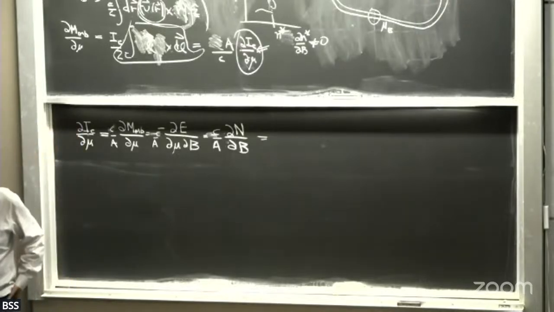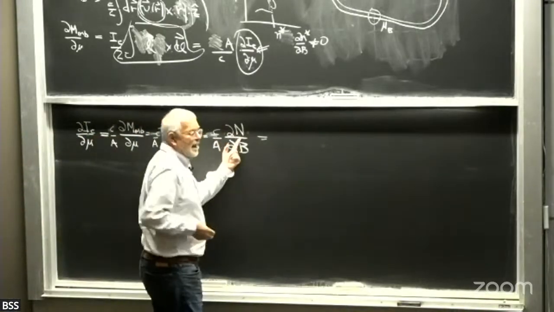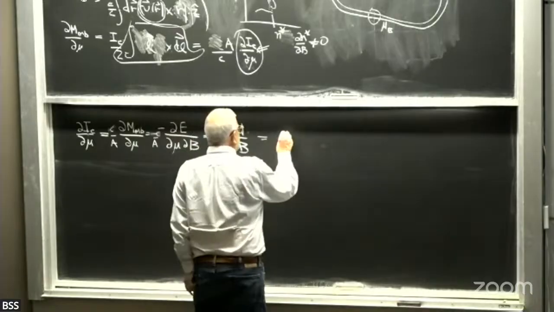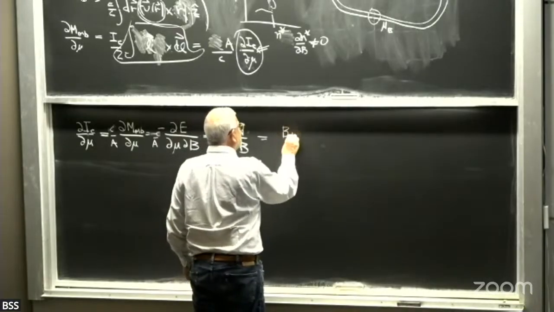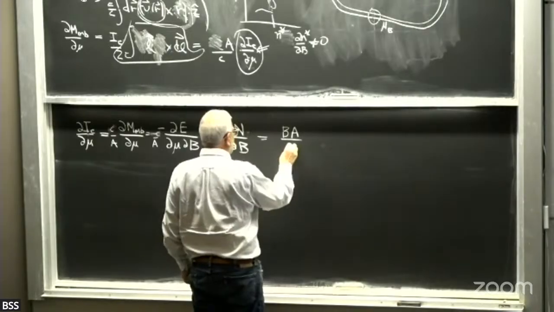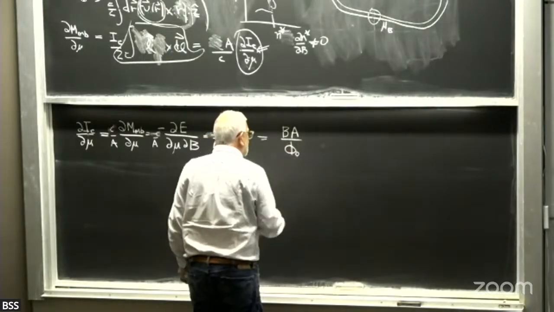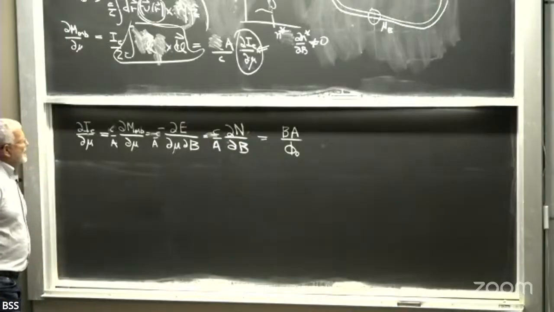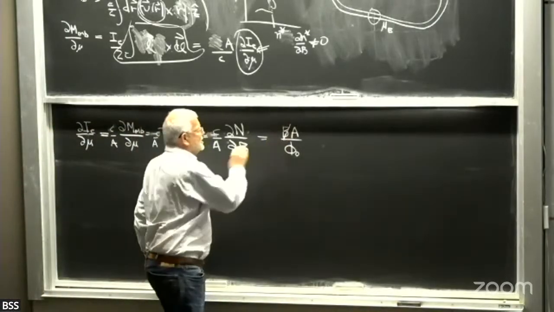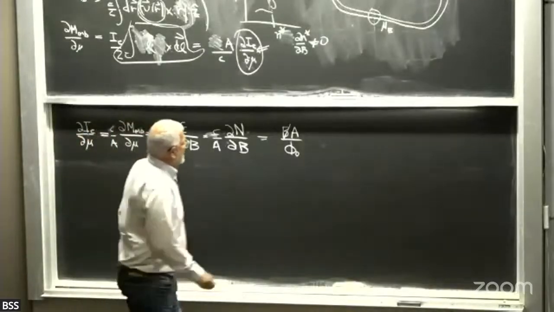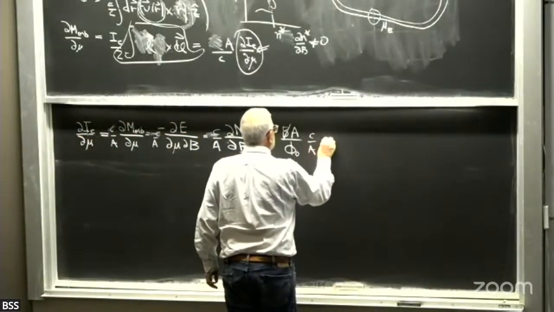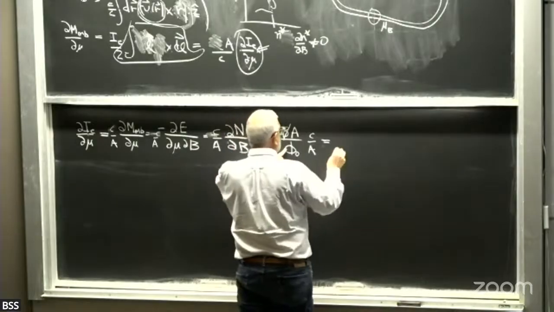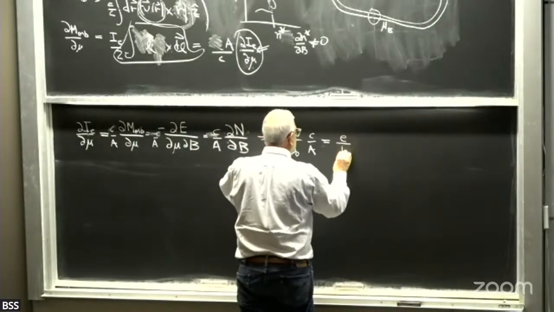I'm not going to do the quantum mechanics here, but I think you all remember that the number of states that fit in a Landau level is the number of flux quanta that go through a 2D system. So if I fill, for example, one Landau level, N is equal to BA over the flux quantum phi naught. And so dN/dB is just A over phi naught times C over A. And if I remember that phi naught is hc over e, this becomes e over h.